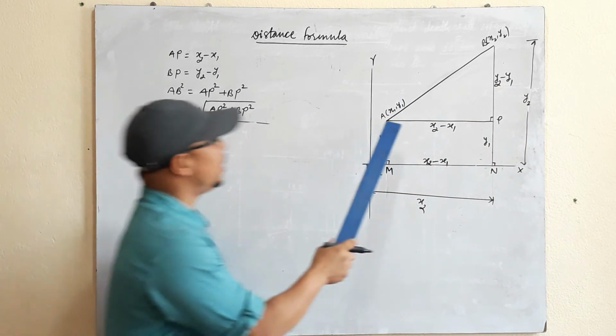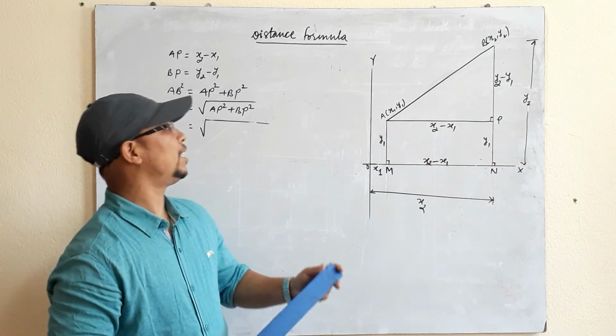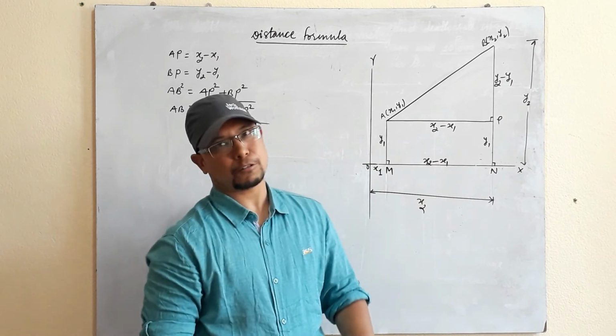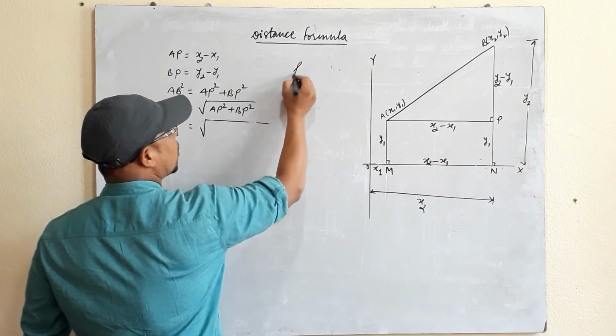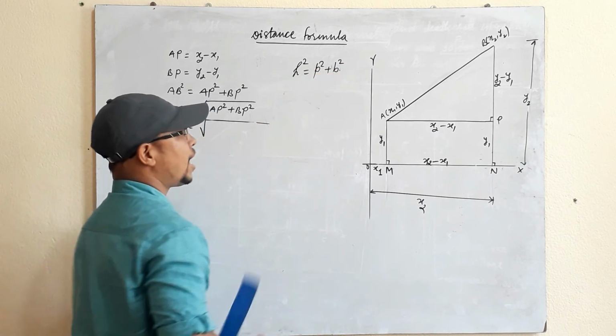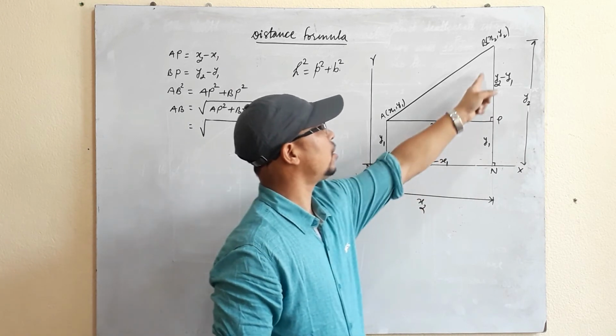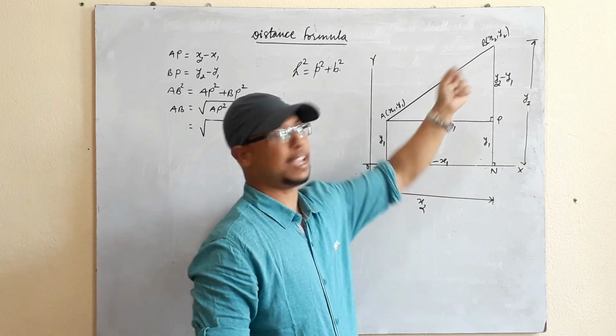Okay, now see in this case APB is a right angle triangle, and in a right angle triangle we know the Pythagoras formula: h squared equals p squared plus b squared. Here this is the perpendicular, this is the base, and the hypotenuse is AB.